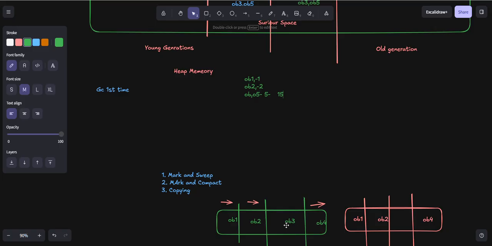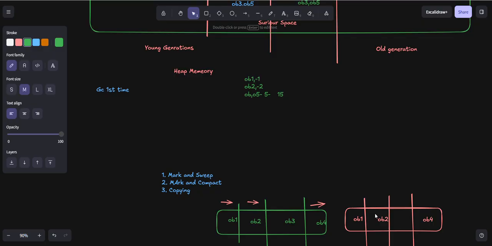It marked the objects which survived and swept the object which was unreferenced. This object was removed, but the fragment of the memory remained the same. The fragment was not removed. So this is the problem in the mark and sweep algorithm.